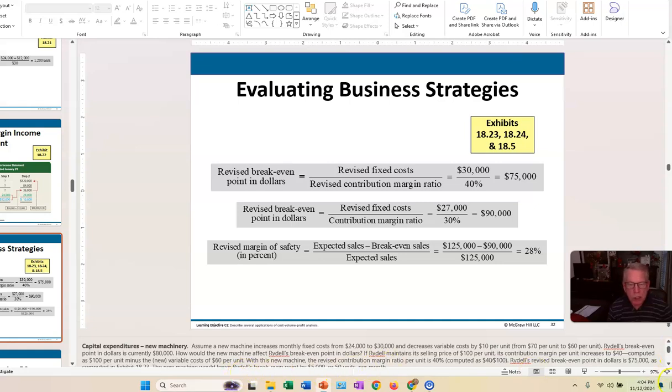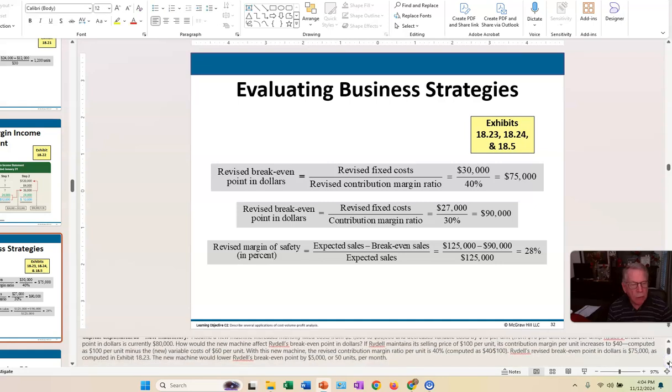With the new machine, the revised contribution margin ratio is now 40%. $40 divided by $100. So Rydell's revised break-even point in dollars is now 75,000. And the new machine would lower the break-even point by 5,000 or 50 units per month.